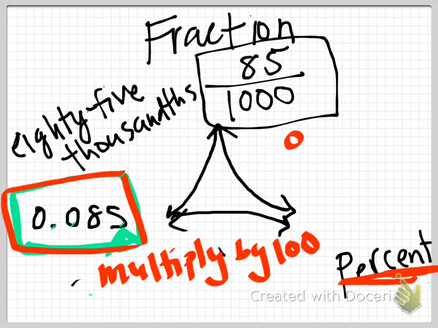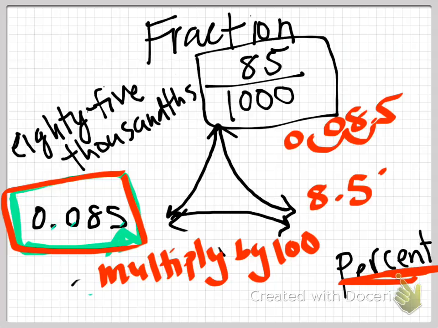So for that, okay, remember that when you multiply by 100, you need to only move the decimal twice. So my answer is going to be 8.5%.